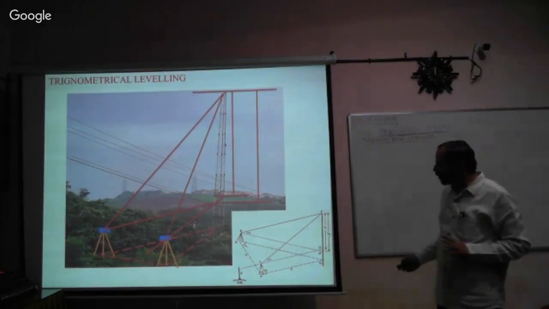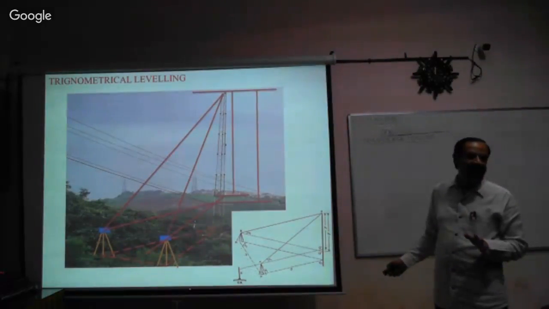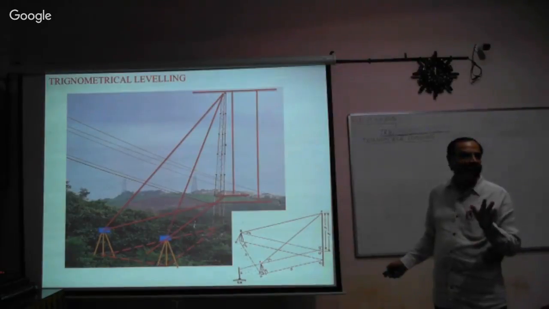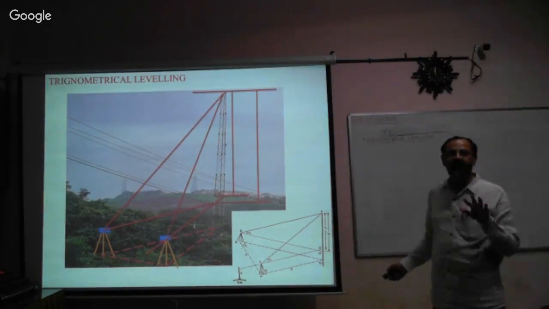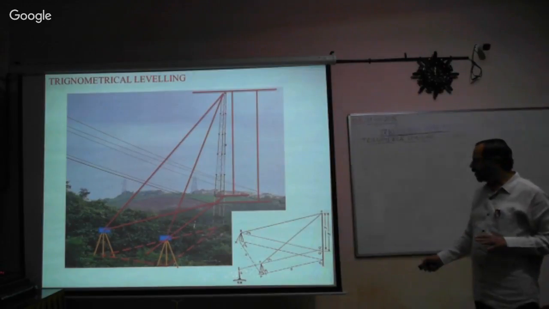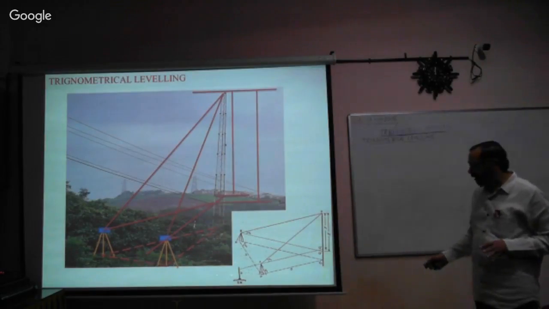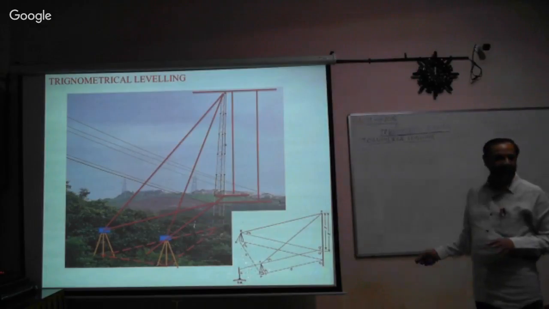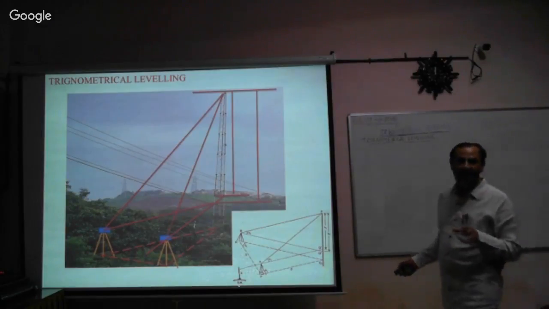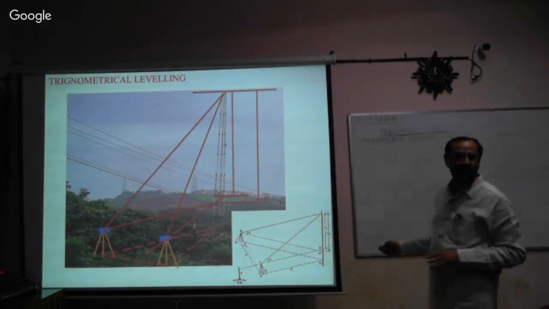Now from here you have taken a benchmark. That is the staff reading taken on the benchmark. The elevation of this object can be calculated as benchmark plus staff reading plus H1.